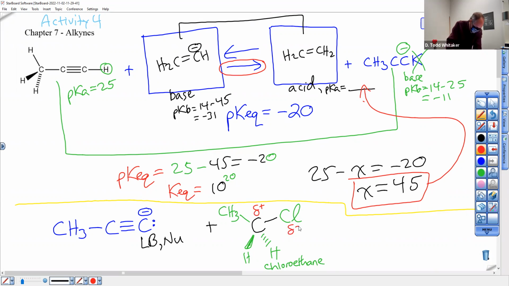And watch this. This should look very familiar. We had a name for this kind of arrow action. Coming in from 180 degrees away from the bond you're breaking has a name.